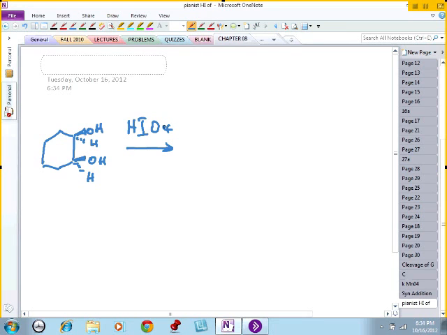Then step 1, you follow this always, dilute acid, and you get this product here.